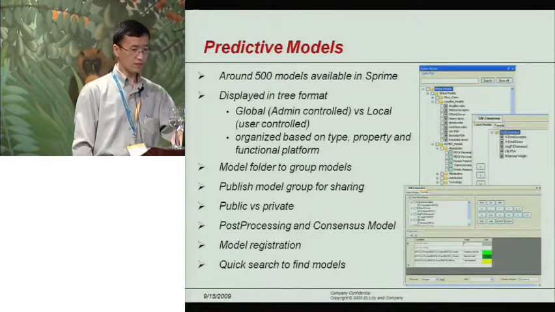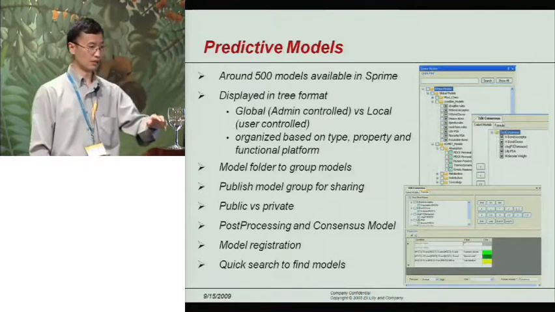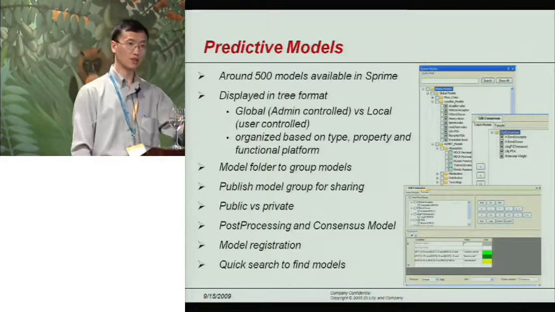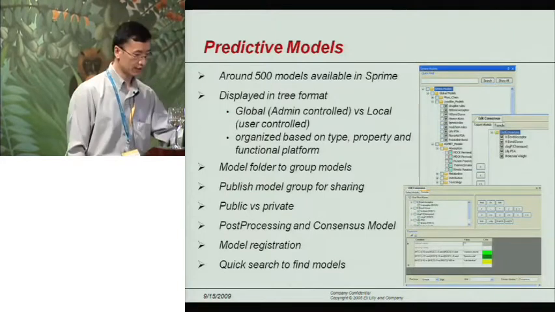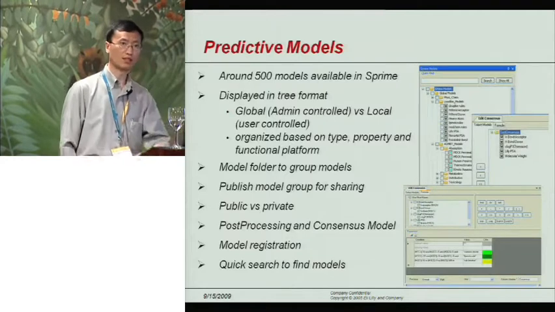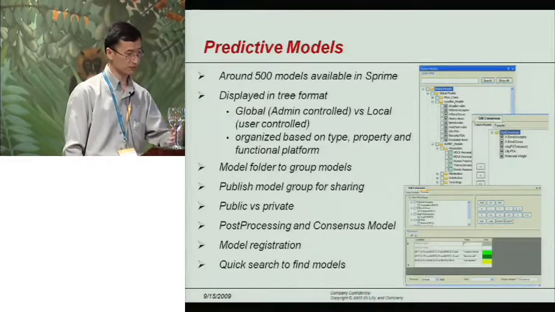Also grouped as global models, which are available to everybody but cannot be modified, or local models, which really belong to a single user, so they can do whatever they want.